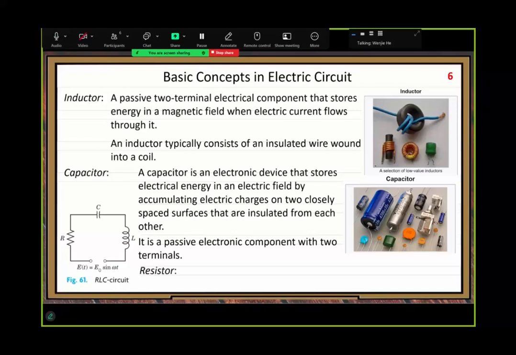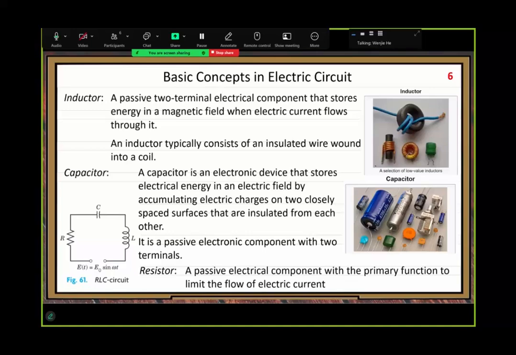Then the third one, the resistor component, R. A resistor is a passive electrical component with the primary function to limit the flow of the electric current. When you add a certain number of resistors in your electric circuit, you can slow down, limit the electric current.